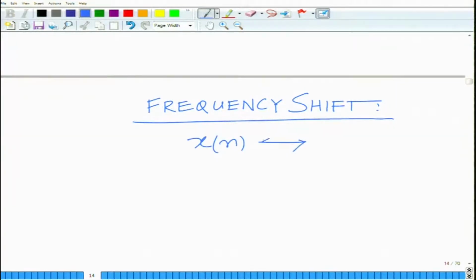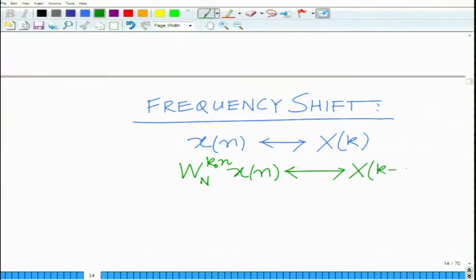So, x n has the DFT X of k, then W N to the power k naught n times x n has the DFT X of k minus k naught.